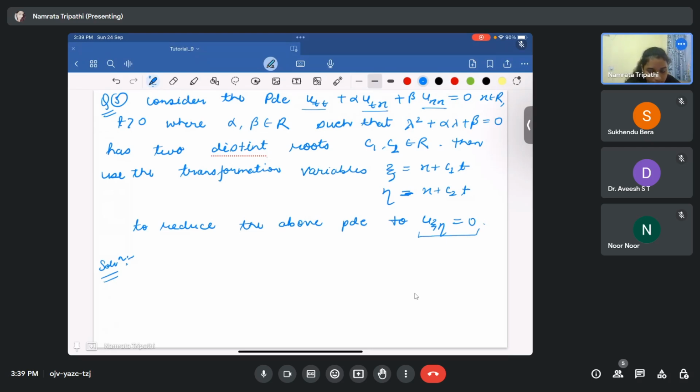By using the sum of roots and product of roots, you will get the value of alpha, beta. C1 plus C2 equals minus alpha. So alpha will become minus of C1 plus C2, and beta will be C1 into C2.